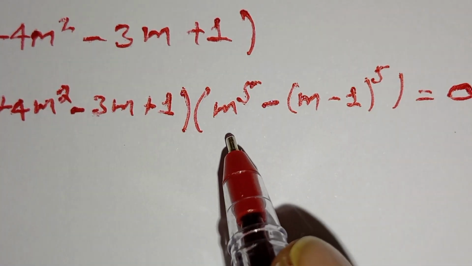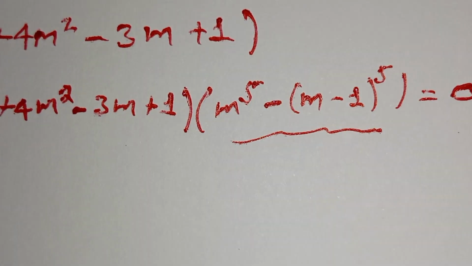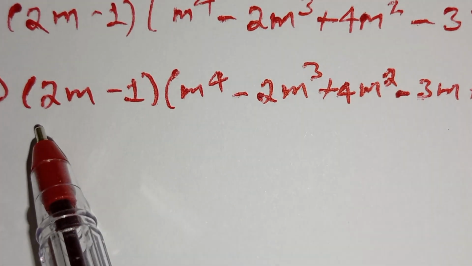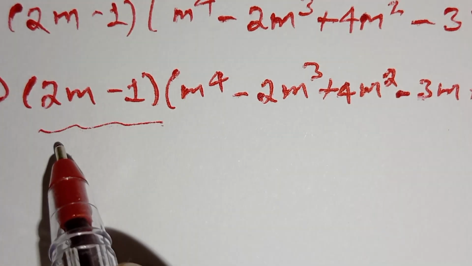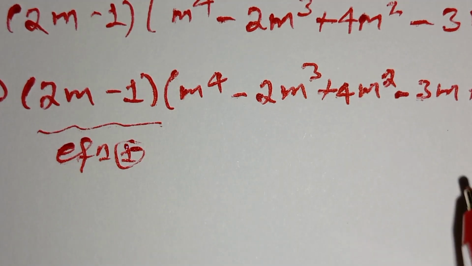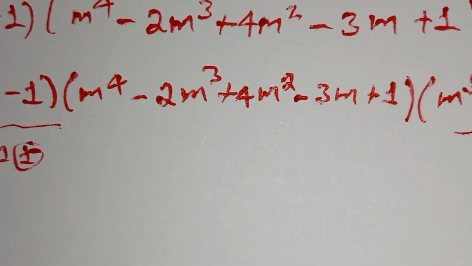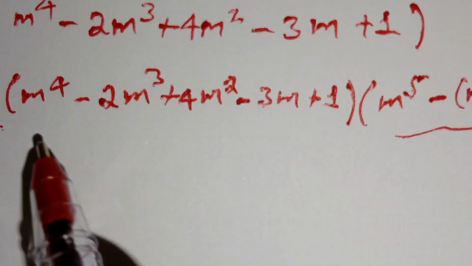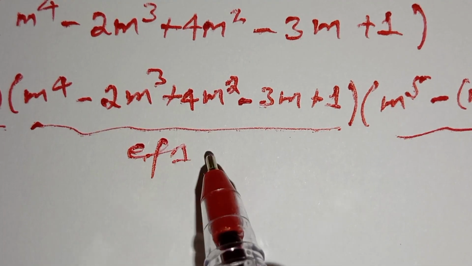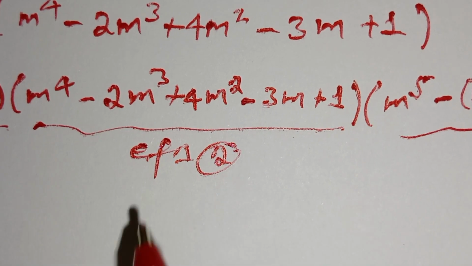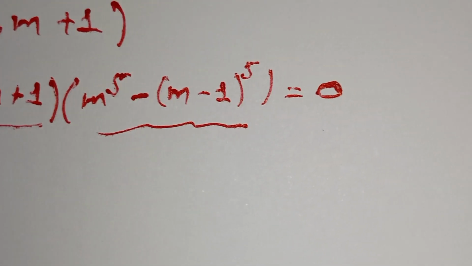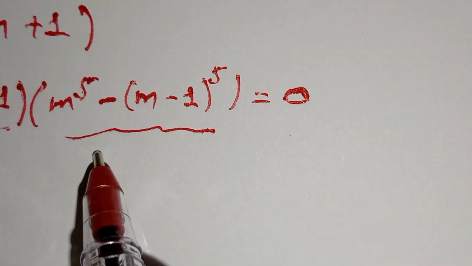These equations come from the above equation. Finally, there is one equation. This is equation 1, and here is equation 2, and here also equation 3.